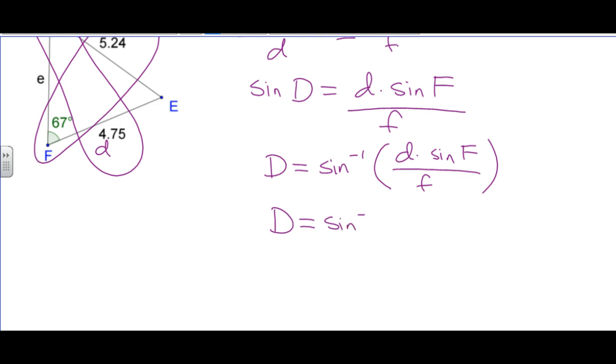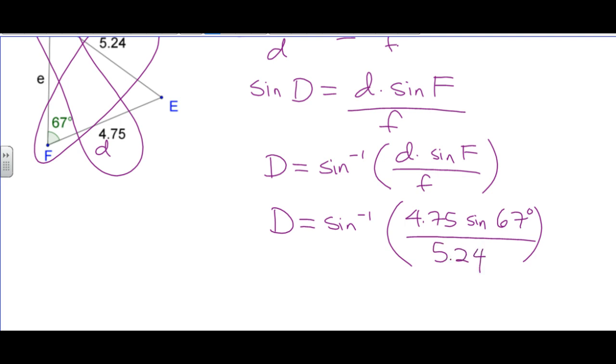Okay, so let's fill in the numbers now off of the diagram. Little d is 4.75 times the sine of angle F, which is 67 degrees, divided by little f, which is 5.24. Punch that in your calculator. Might as well make a mistake now, and we can fix it. Or you'll get it right now, which is good, and then you'll know how to do this.